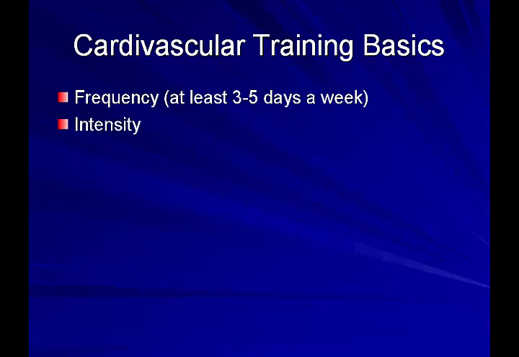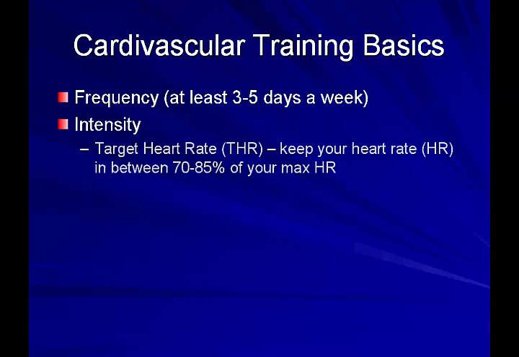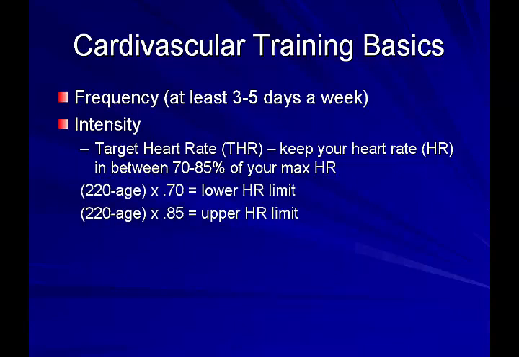There are several ways to measure an appropriate intensity for your cardio workouts. The first is target heart rate. For this, keep your heart rate in between 70 to 85% of your maximum age-predicted heart rate. The formula for this is in your packet. For example, 220 minus your age times 0.70 will give you your lower heart rate limit, and 220 minus your age times 0.85 will give you the upper heart rate limit.